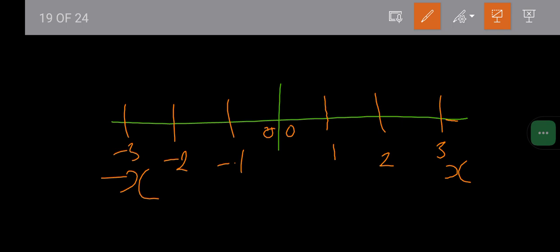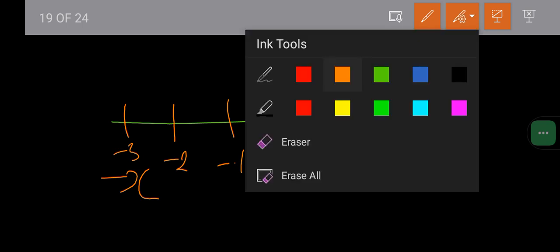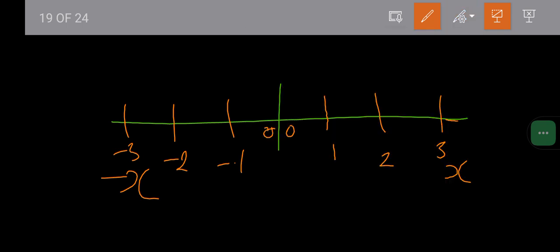Now, let's talk about what inequalities have to do with these graphs. First off, when I say x is greater than or equal to 2, what I mean is that x starts from this range.